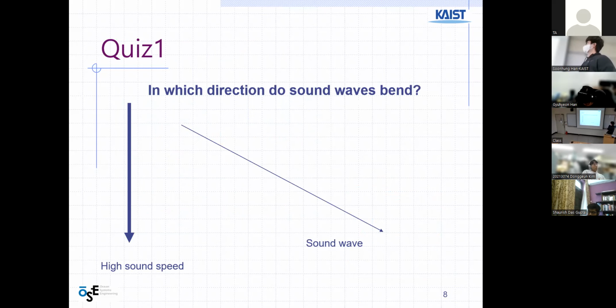So here is a quiz. This is a sound wave, and the deeper in the ocean, the higher the sound speed becomes. So in which direction do the sound waves go: straight or bent? And if they bend, in which direction?